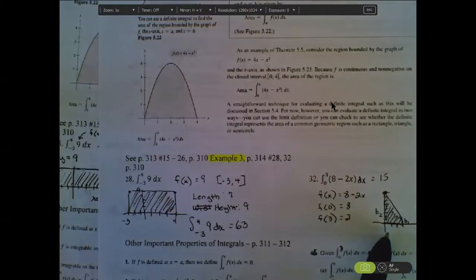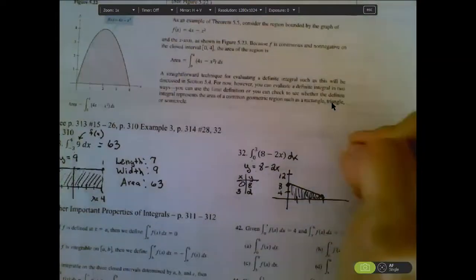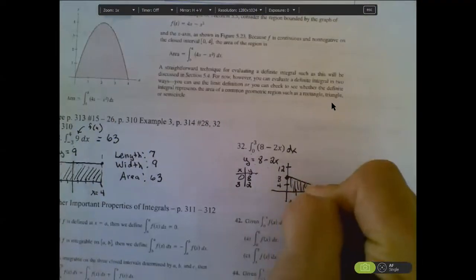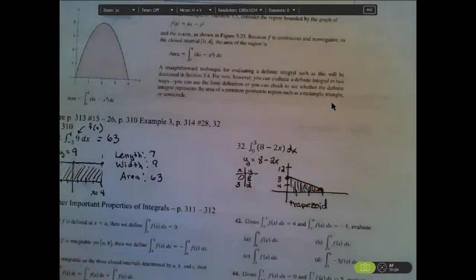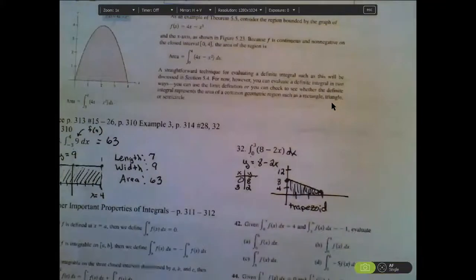Yeah, that's a trapezoid. And the formula for the area of a trapezoid is like the area of a rectangle.